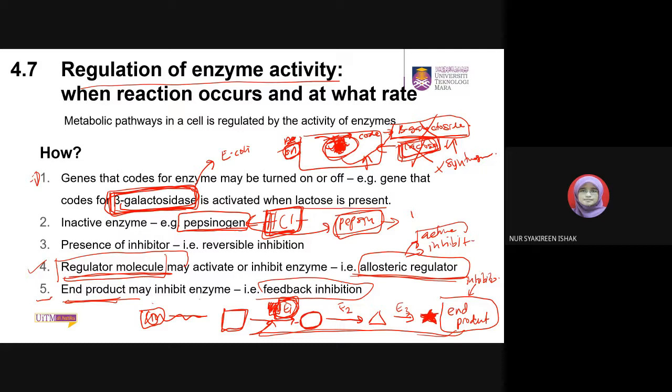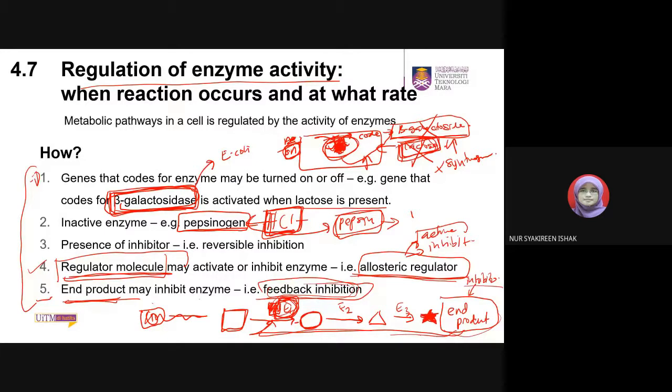So this is what we call feedback inhibition. The end product may become an inhibitor for the first enzyme of the reaction. Okay, so these are examples of how enzyme activities are regulated in the cell.